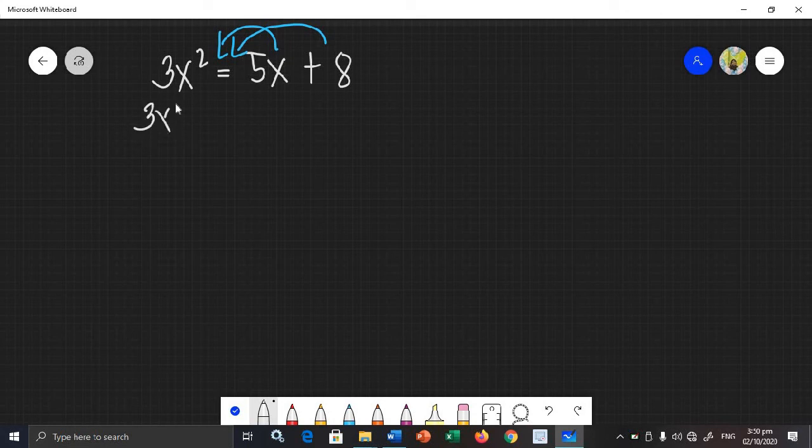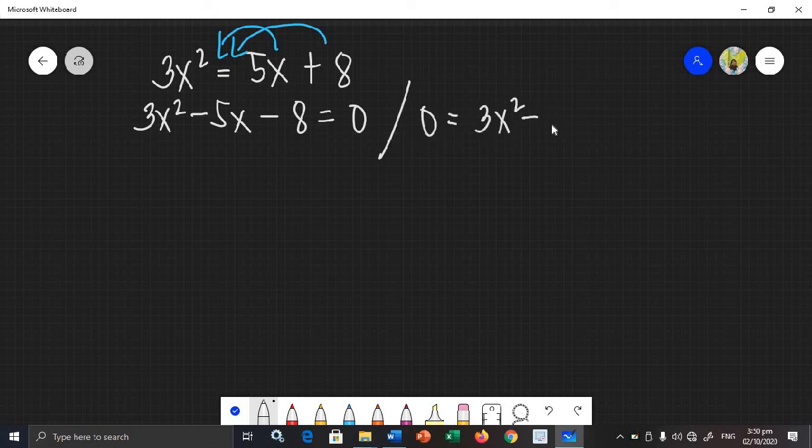So, 3x squared, 5x transpose to the left side will be negative 5x, and then 8 will be transposed on the left side of the equation. It will become negative 8 equal to 0. Ayan ngayon, naka-standard form na siya. And wala pong pinagkaiba yung ganyang equation.